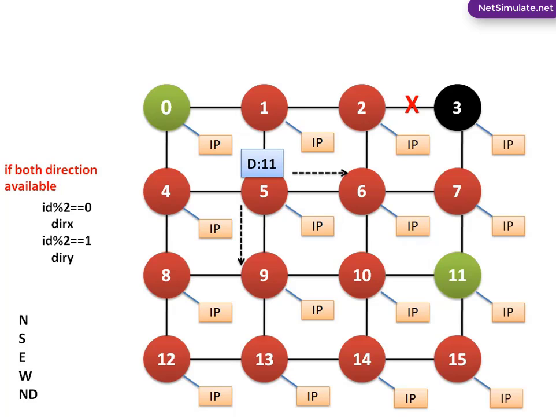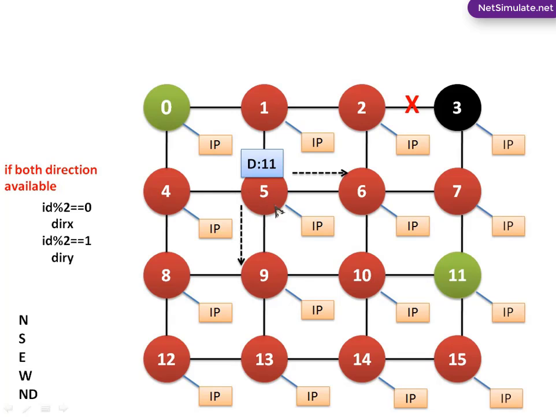Now this node also calculates the x and y coordinates of itself and the destination, and on the basis of that it will specify. It also has two options: it can transmit data to this side or to this side. Whenever there are two options, this piece of code is executed to find out which direction we have to use.